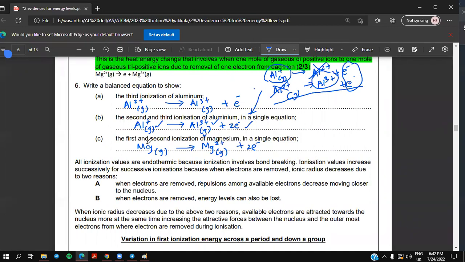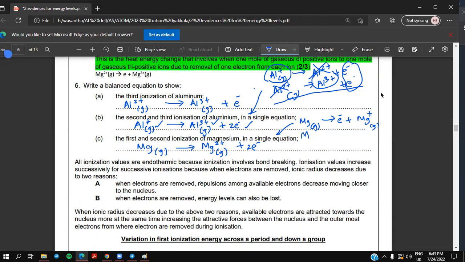Same way we can find out first ionization and second ionization for magnesium also. Shall we do it? First and second ionization for magnesium. Magnesium gas gives 1 electron and magnesium plus gas in the first ionization.